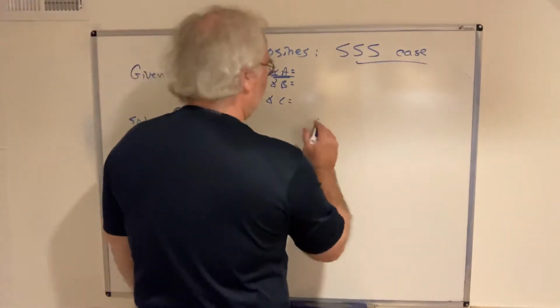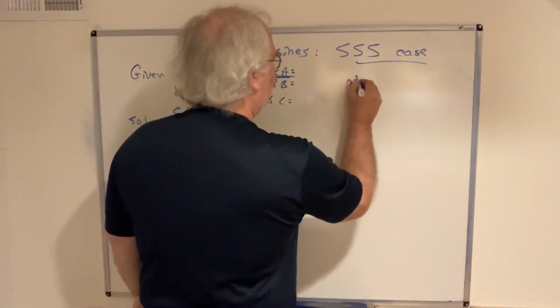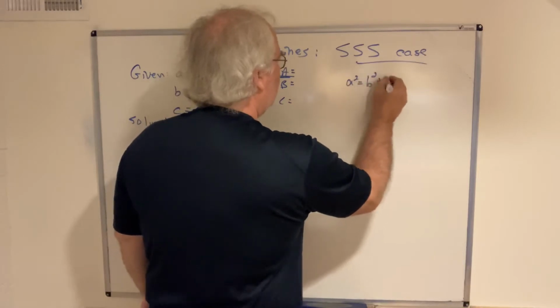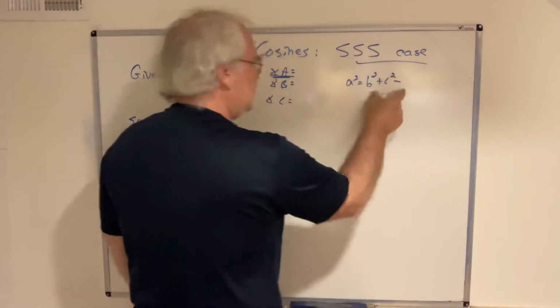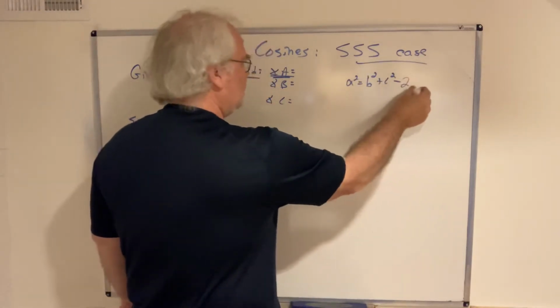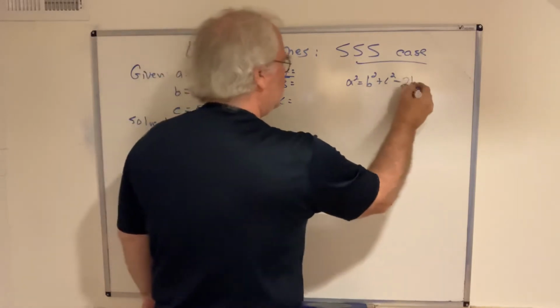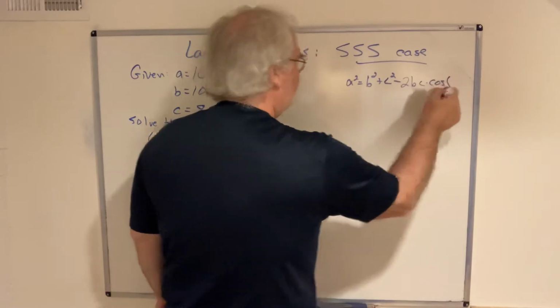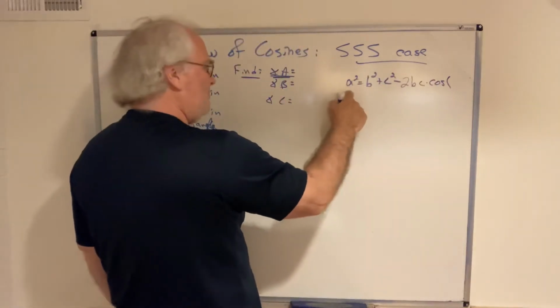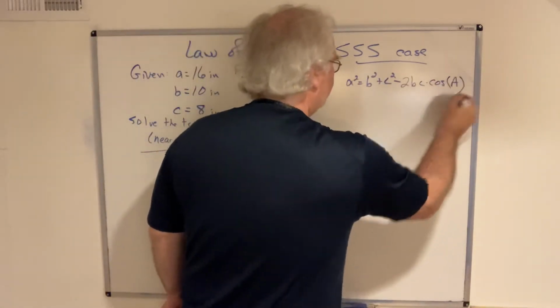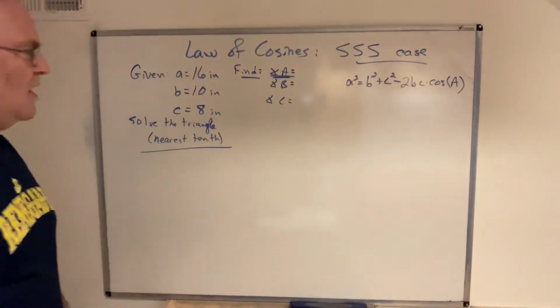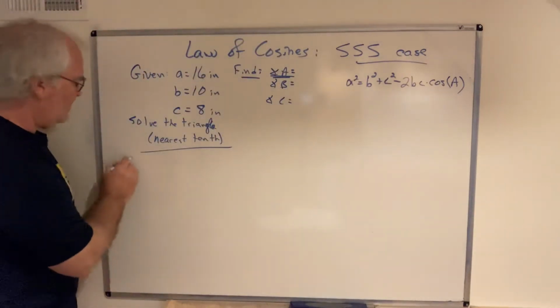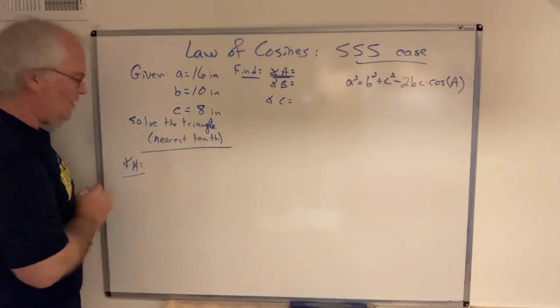And so the formulation we're going to use is A squared is equal to B squared plus C squared minus 2 times B times C times cosine of the angle opposite the side we started with. So that's the formulation we're going to use to find angle A first.